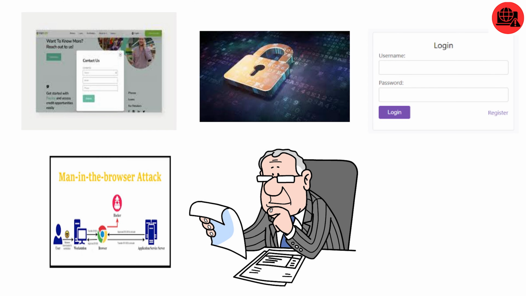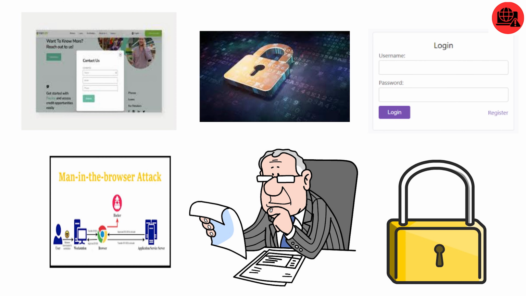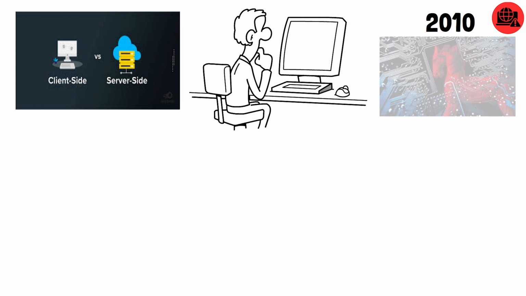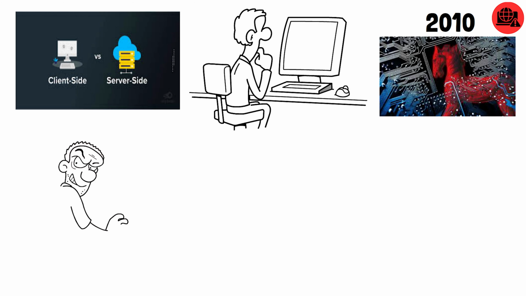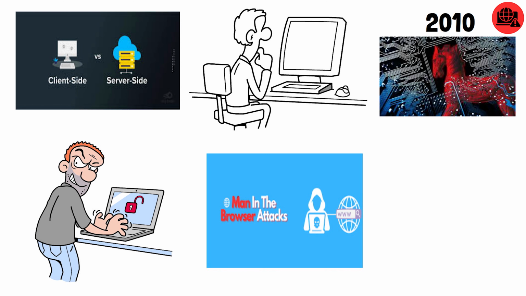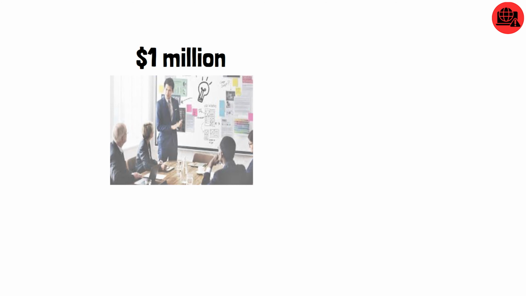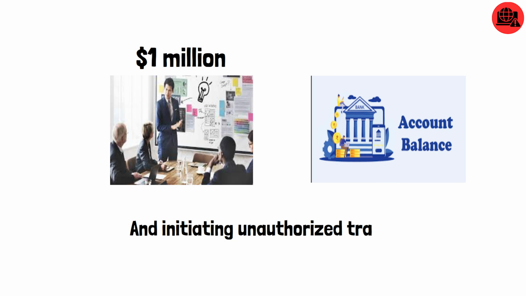MITB attacks often go undetected by traditional security measures, as they occur on the client side and are challenging to identify. For example, in 2010, the Zeus Trojan executed a sophisticated man-in-the-browser attack, intercepting online banking transactions to steal over $1 million from a UK business by manipulating displayed account balances and initiating unauthorized transactions.